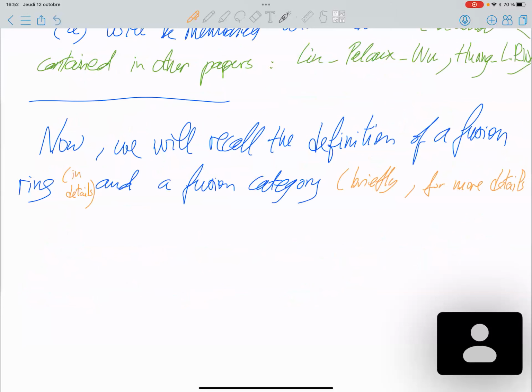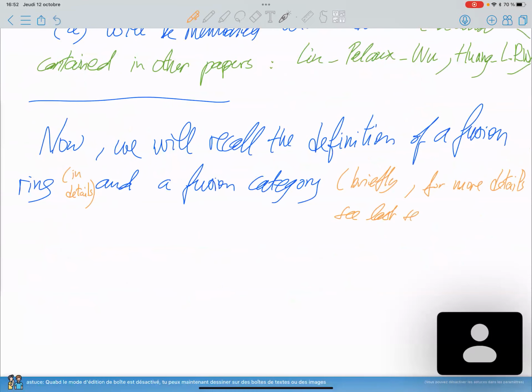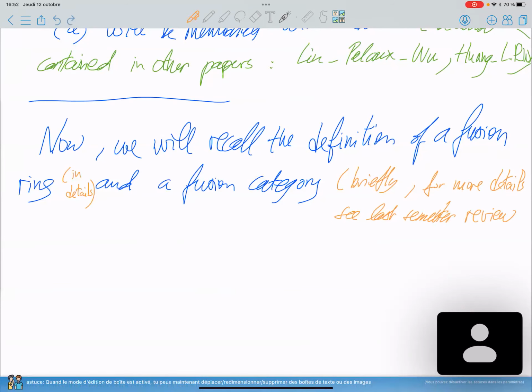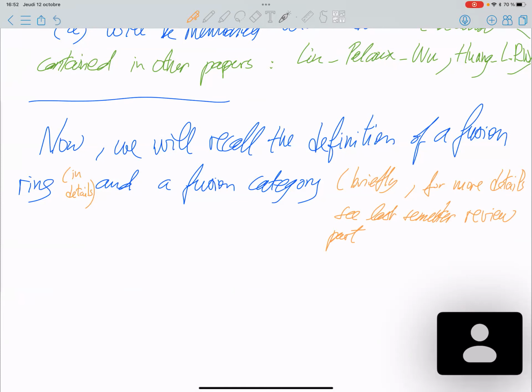I covered this definition 4 times in the last 4 semesters, so it is enough. For more details, see last semester's review part. In fact, I put the link of the web page of last semester in the web page of the current semester course.